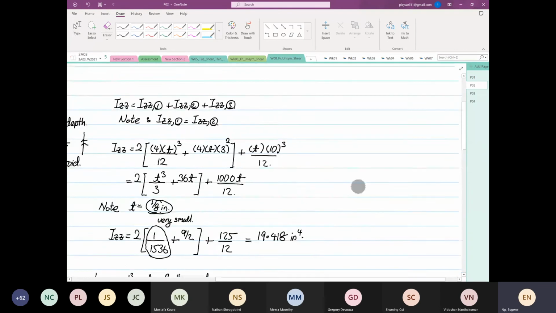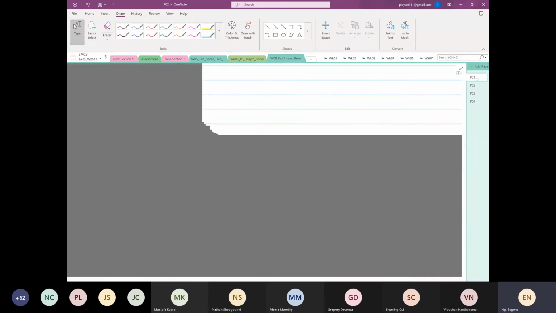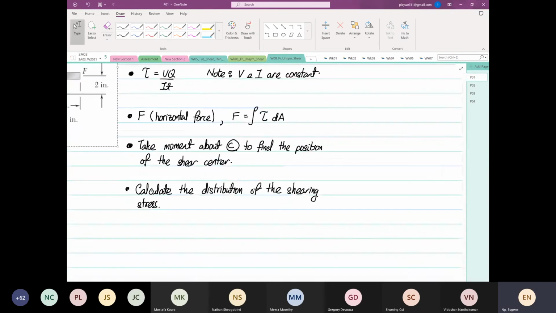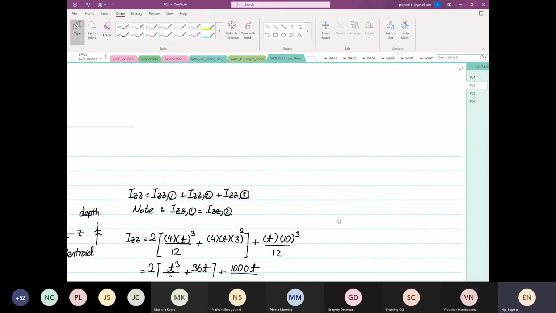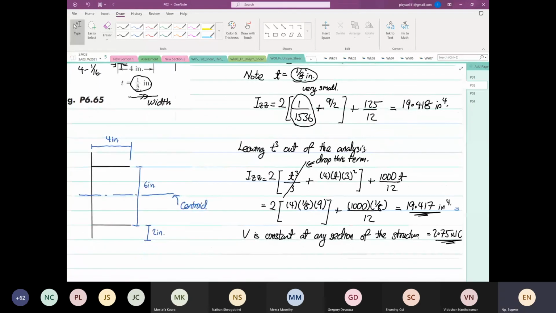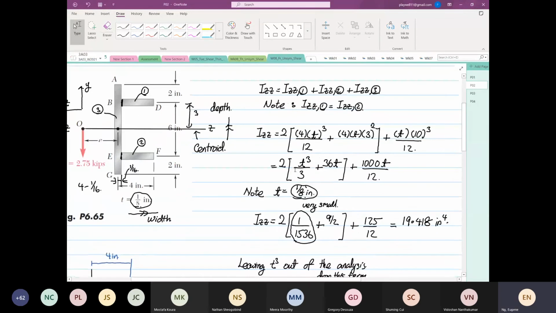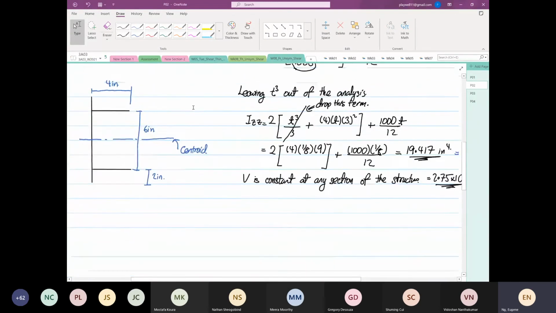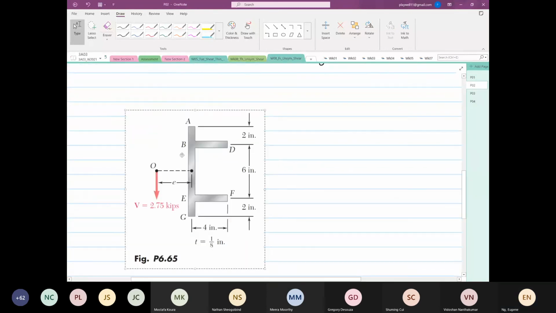Later on, we need to use this force to analyze the moment about point C. That's what we're doing now. So we're going to construct our shear force, which is very similar to our construction of the shear flow.